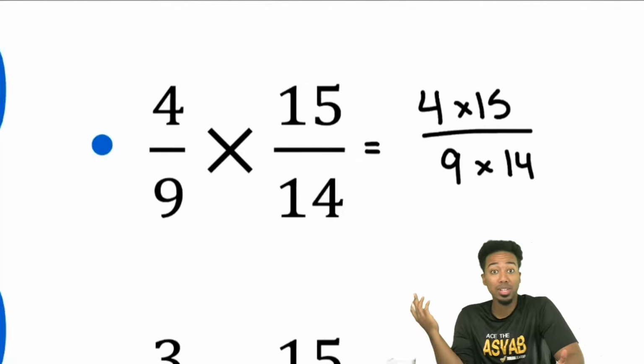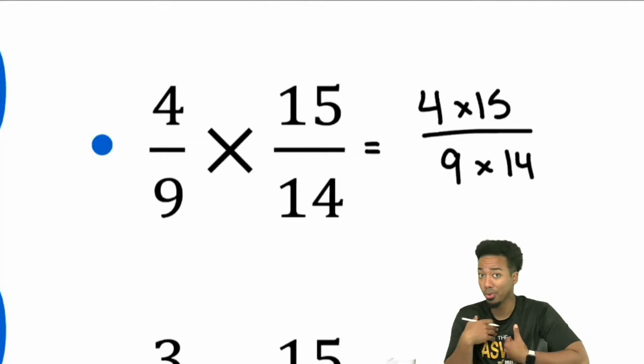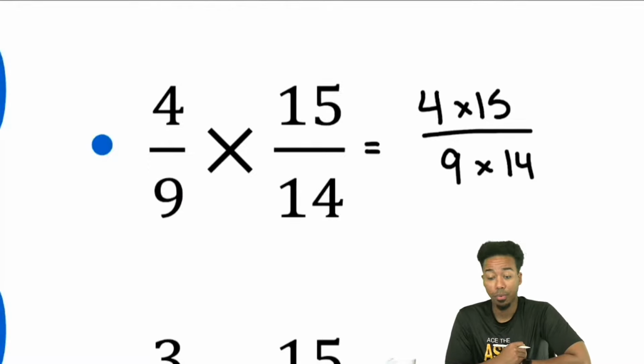That's what it's going to look like. And so when you look at it like that, remember, everybody, true or false? 4 times 15 is the same as 15 times 4. Yeah, that's true.